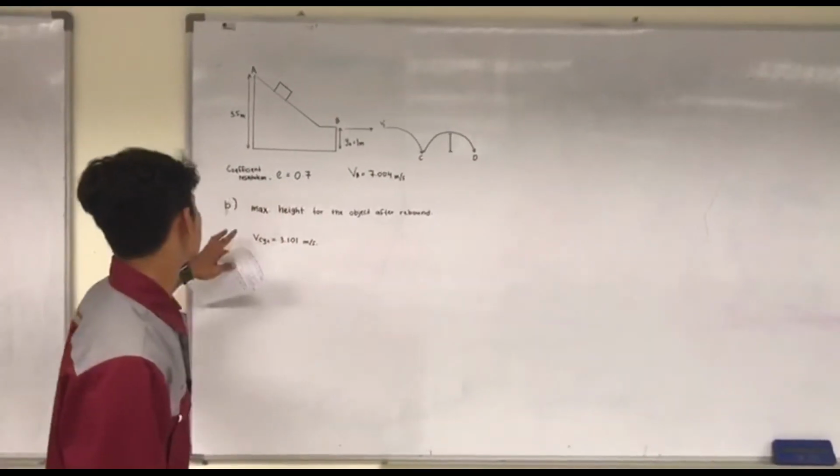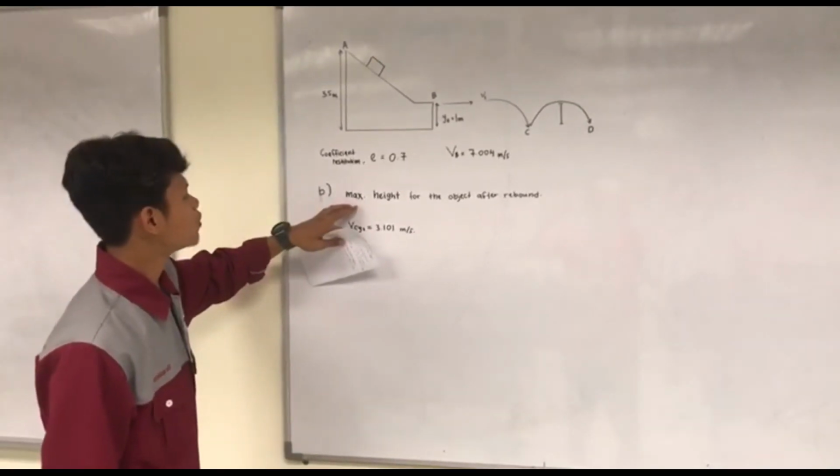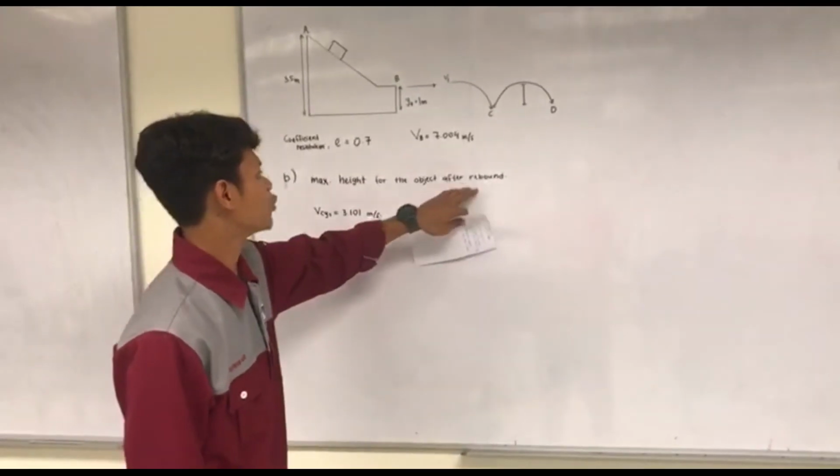Okay, we go to question B. Here we find the maximum height of the object after it rebounds.